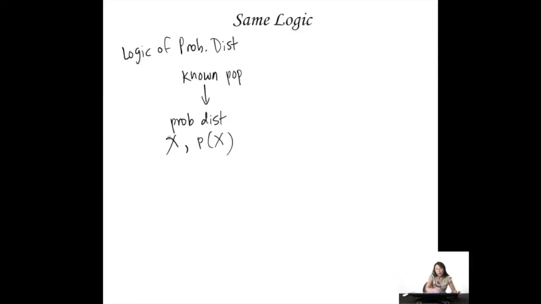Okay. Once we have that, then we have this sample from an unknown population. So we get the sample and we're like, is it good? You know, is it from this kind of population? Is it from that kind of population?